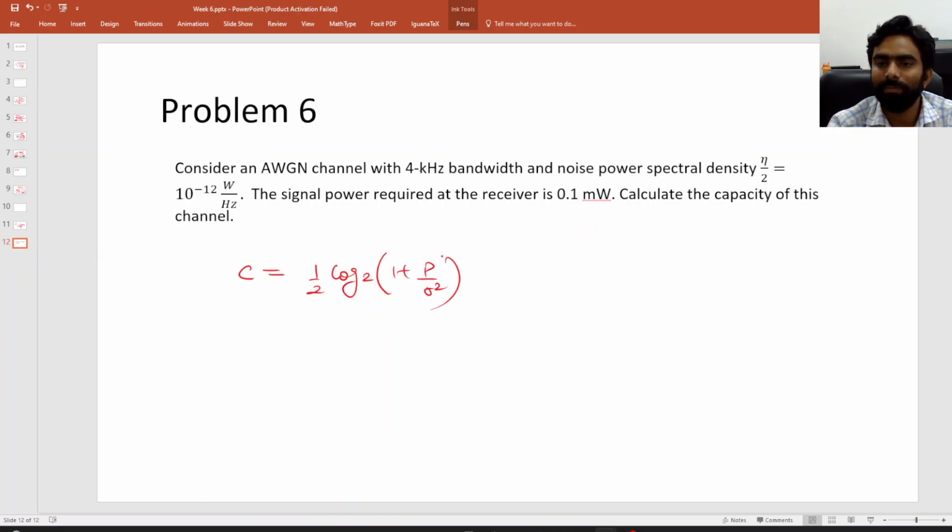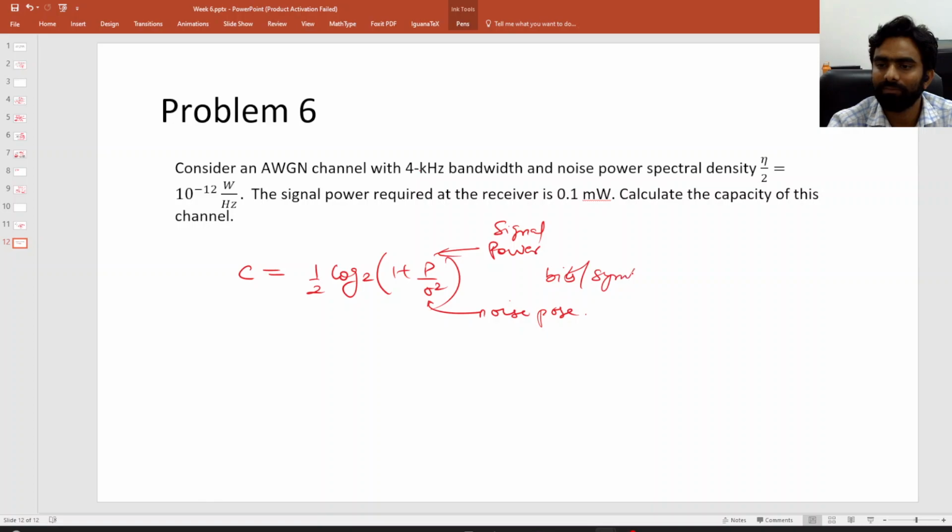Here P is the signal power, and sigma square is the noise power. And this formula will give the capacity in bits per symbol.